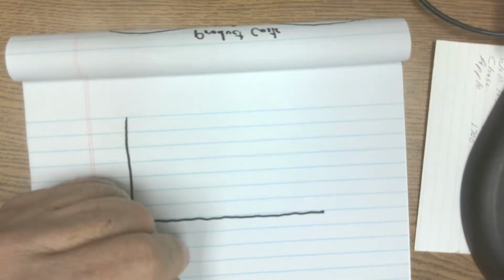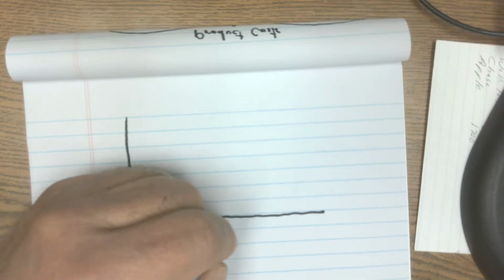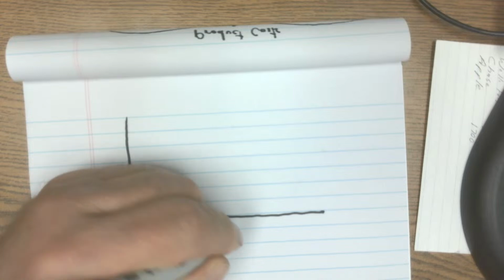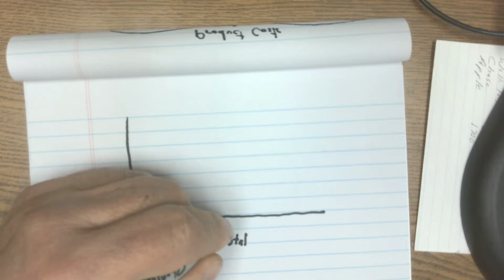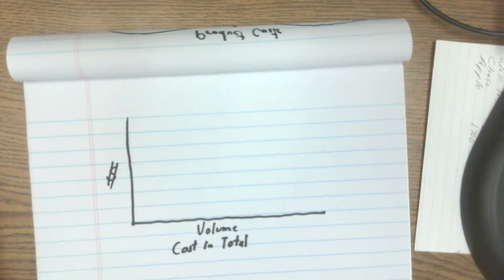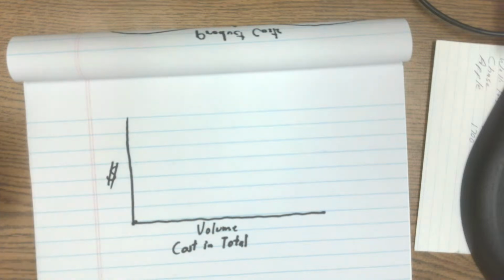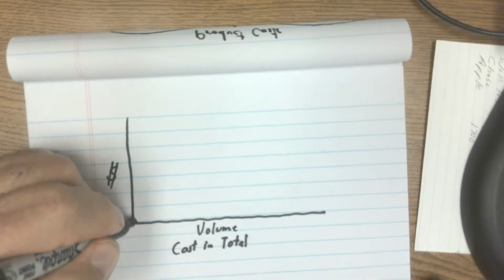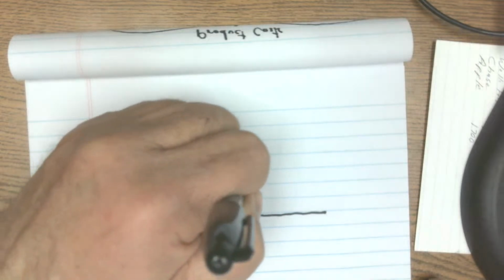And this is going to be costs in total. So on the horizontal axis is the volume, and on the vertical axis is the dollars spent. So a variable cost will start here. If I don't produce anything, I don't have any cost, and it will go up linearly, right? Like this.